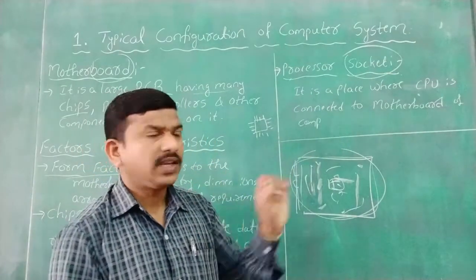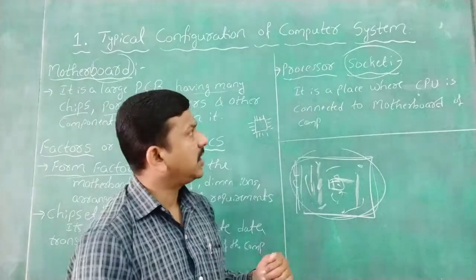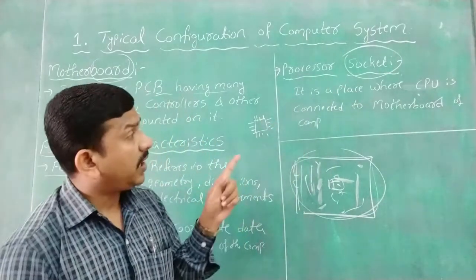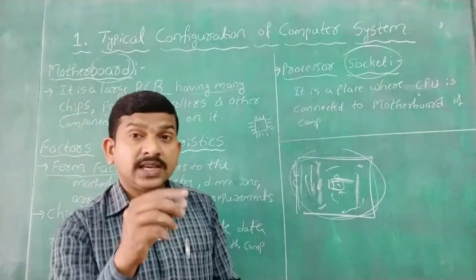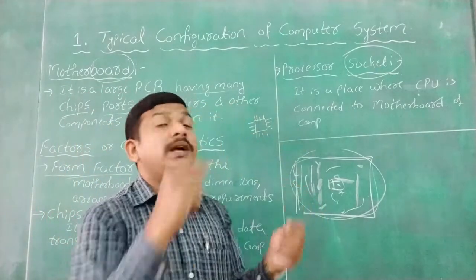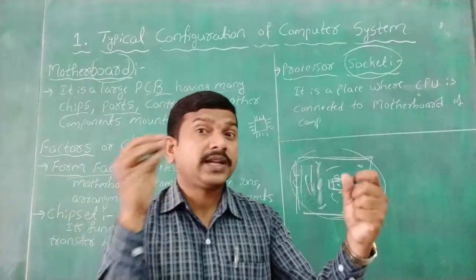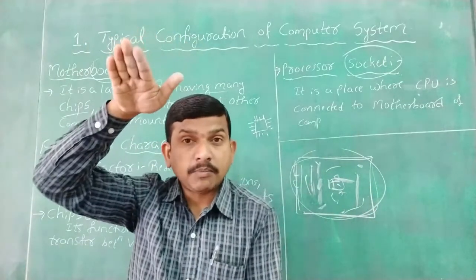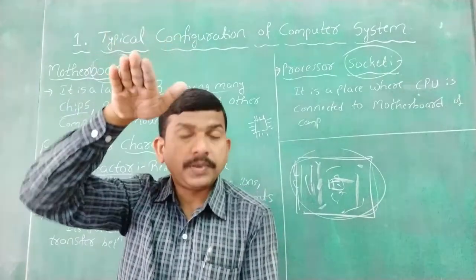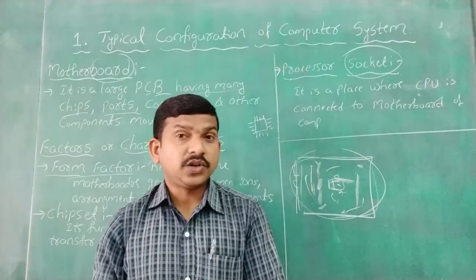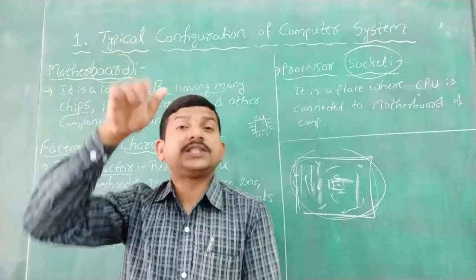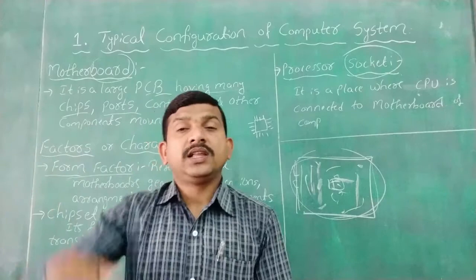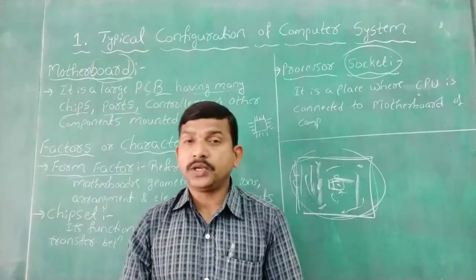Now you may be getting a little confusion here. The processor socket is a place where the CPU is connected to the motherboard. In first year I told you that the entire box is a CPU. But actually that entire box is not a CPU. For basic introduction, we normally call that box a CPU.